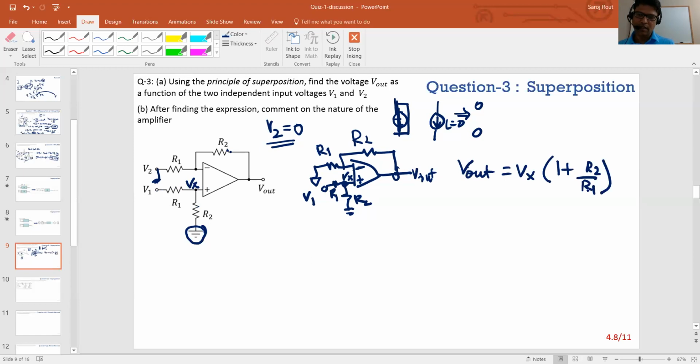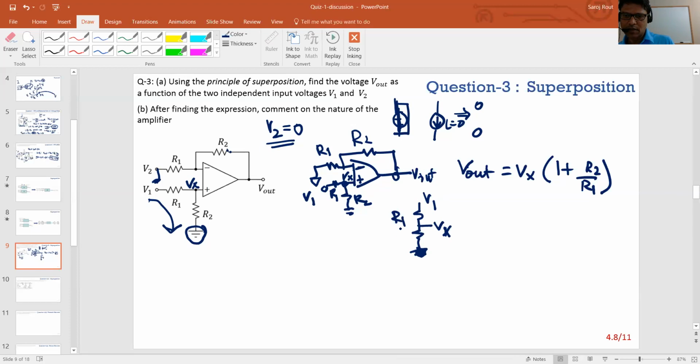Again, you can write the whole node equation, but I'm going to just use the result because I know it's a non-inverting configuration. And since this is an ideal op-amp, there is no current going into the op-amp inputs. So if I just look at this network, that's nothing but R1, R2, and this is ground, this is V1 and Vx.